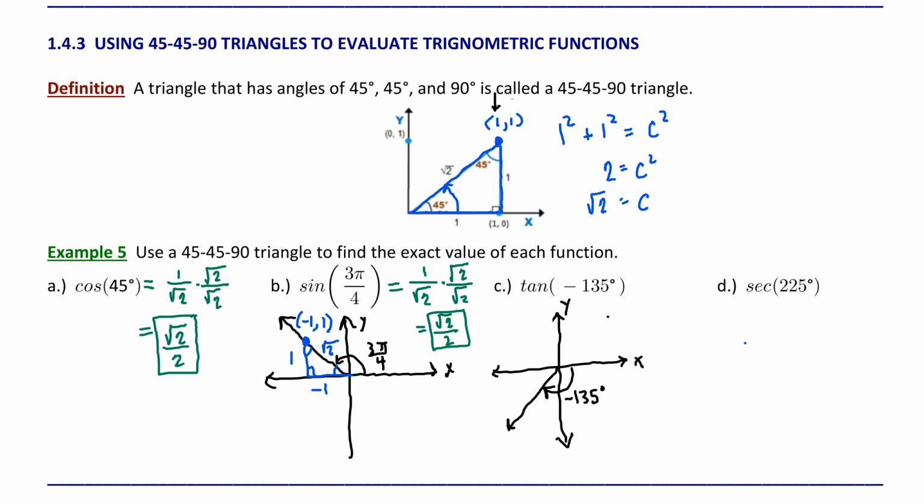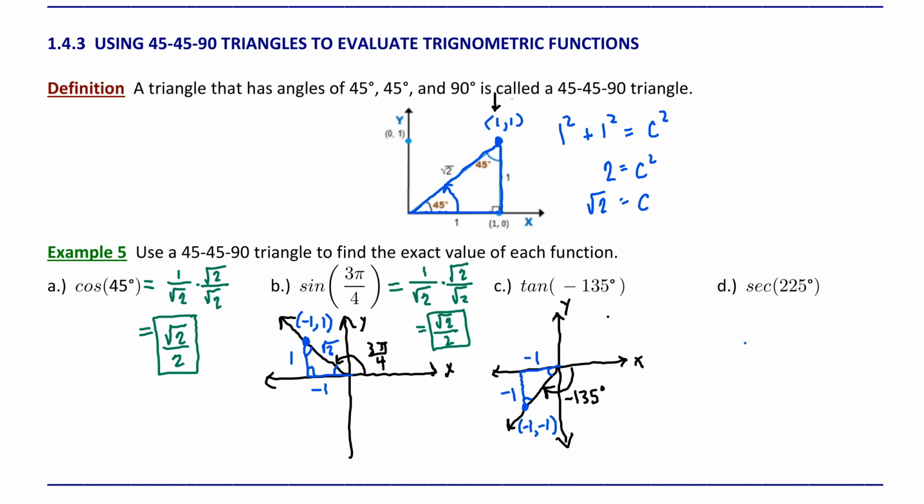Now we can fit a 45, 45, 90 triangle in this spot right here. Here we have an angle of 45 degrees, which means this angle is also 45 degrees. So if we set the horizontal segment to be -1, then the vertical segment would also be -1. So we have ordered pair -1, -1 on the terminal side of -135 degrees.